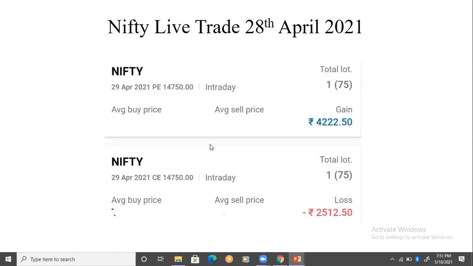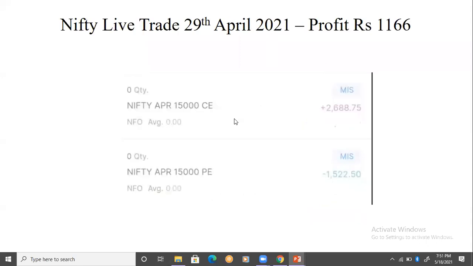So every Wednesday, every Thursday, just 2 days in a week, in a month, you will get approx 8 trades, and 76% is the win rate as per backtesting. 28th April trade, we sold 14,750 call and put, profit 1,700. So between 1,500 to 2,000 you can make from this one setup every Wednesday, every Thursday.